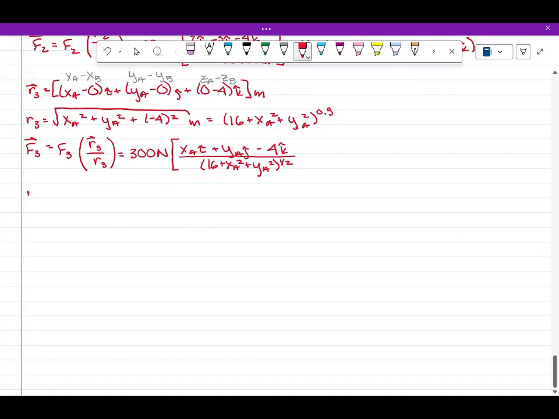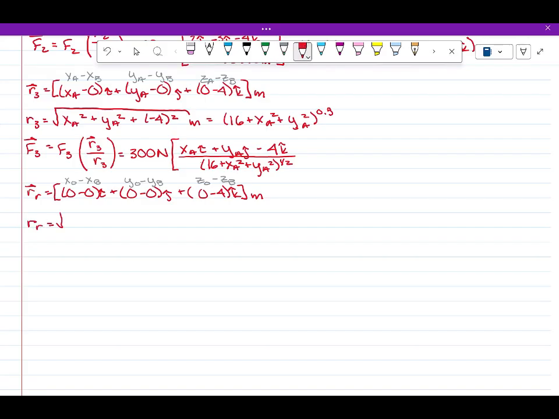Because we are interested in the resultant force, we will also do this for a force whose tip is at O and tail is at B. Therefore, the position vector for the resultant is equal to XO minus XB i, plus YO minus YB j, plus ZO minus ZB k, or 0 minus 0 i, plus 0 minus 0 j, plus 0 minus 4 k meters.